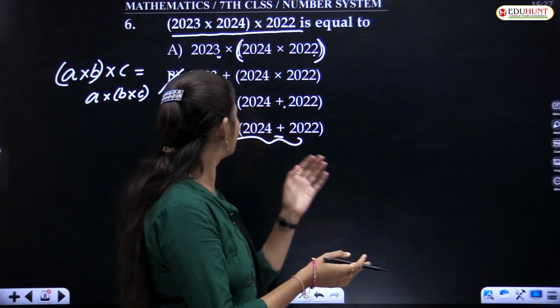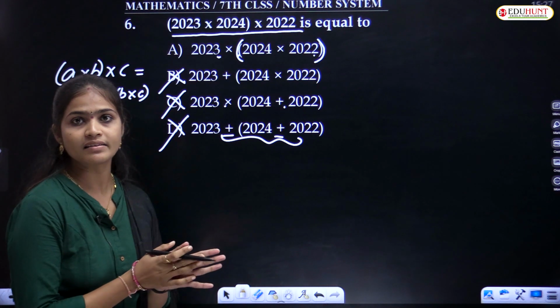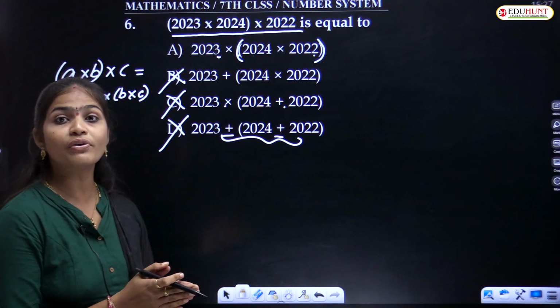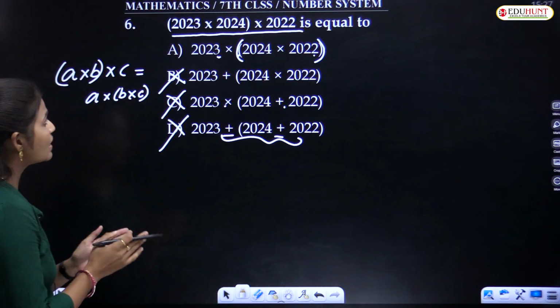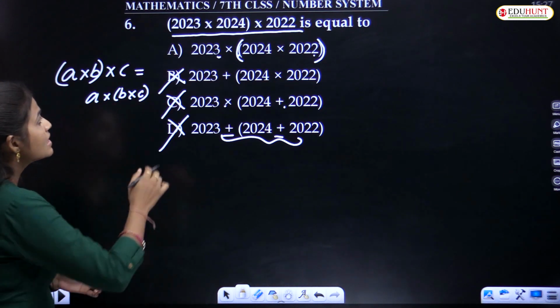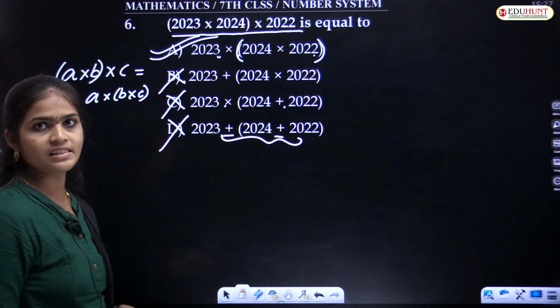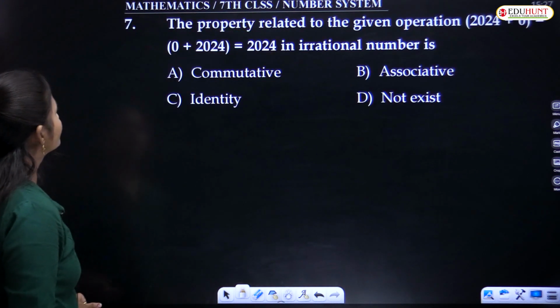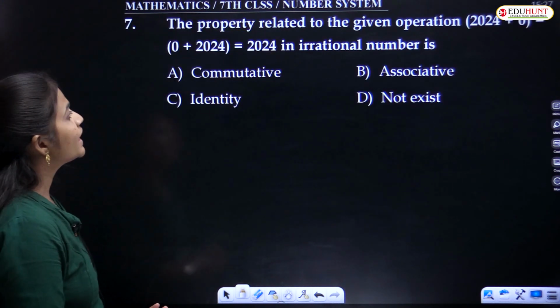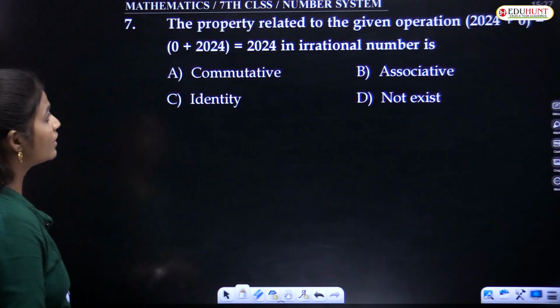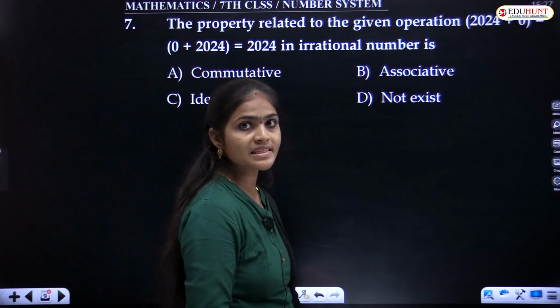We should not change the symbols or the fundamental operations. So which one is correct? Option A is correct.